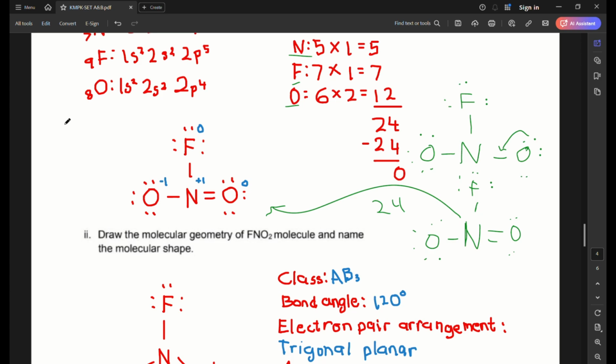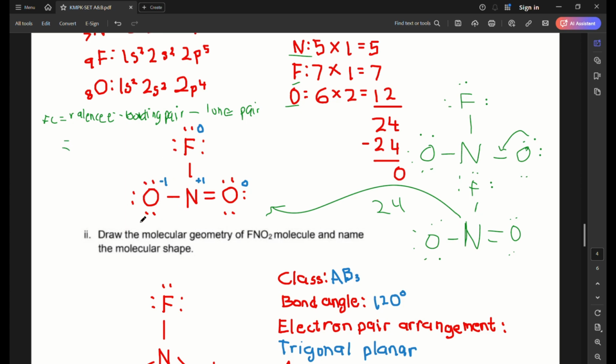Just like in the previous video, to calculate the formal charge, FC is equal to the valence electrons minus the bonding pair minus the lone pairs. I'm going to show you guys one example, and you guys can calculate the rest.